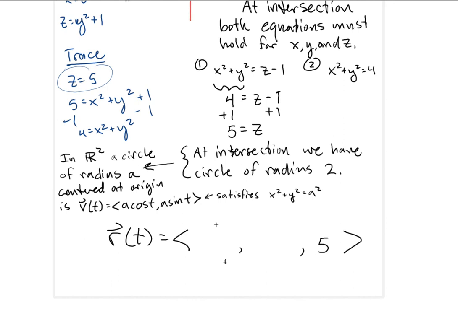So since we have a circle of radius 2 centered at the origin in terms of x and y, when x is 0 and y is 0, then the x and y components are given by 2 cosine t, 2 sine t. And this idea of constructing a circle in this way is going to happen enough in this class and in Calc 4 that you just need to have that one in your back pocket. Whatever the radius is, get the x by multiplying that by cosine t, and get the y by multiplying that by sine t.